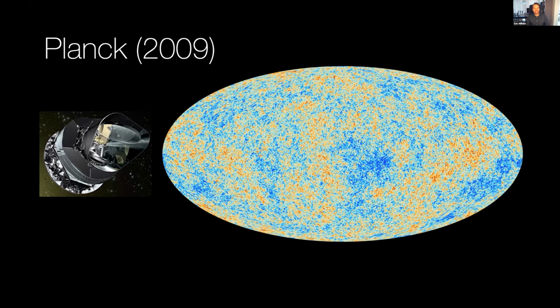And each little hotspot that you see in this image is a little clump in the early universe. That early universe was like the wavy ocean, everything moving around, but those waves start to freeze out as the universe expands, leaving some patches of the universe that are slightly more dense than others.